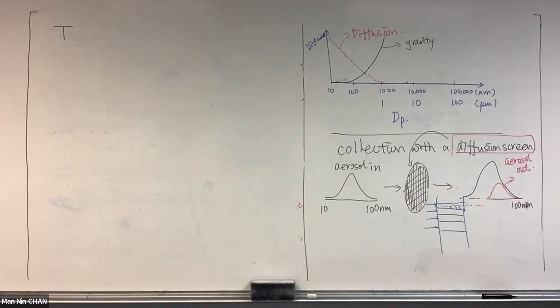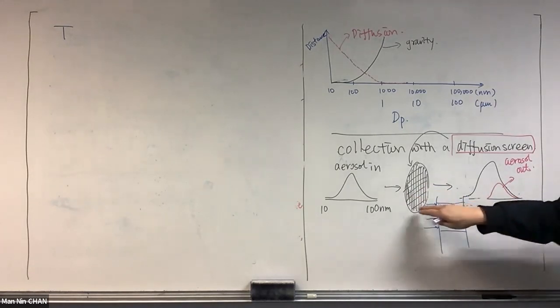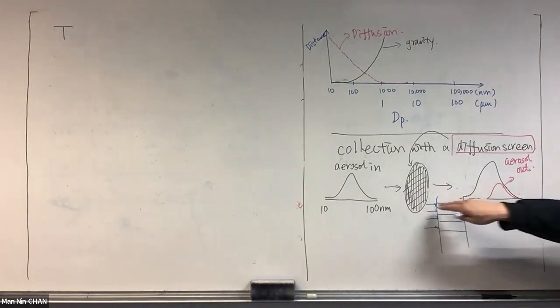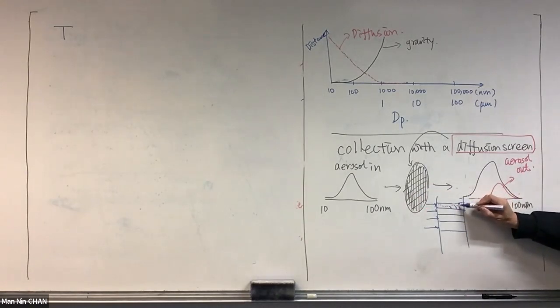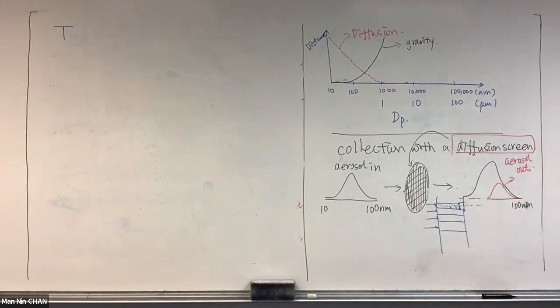Your flow just comes across the channel, so you don't change the flow direction, and the displacement here is mainly due to diffusion. The large particle kind of follows the streamline. Of course some particles may be collected, you're right, but not that efficiently compared to smaller particles.